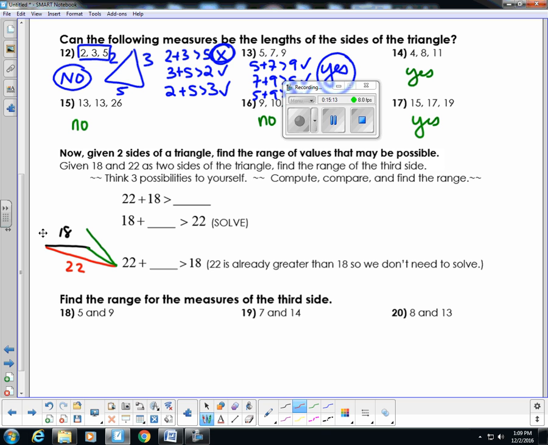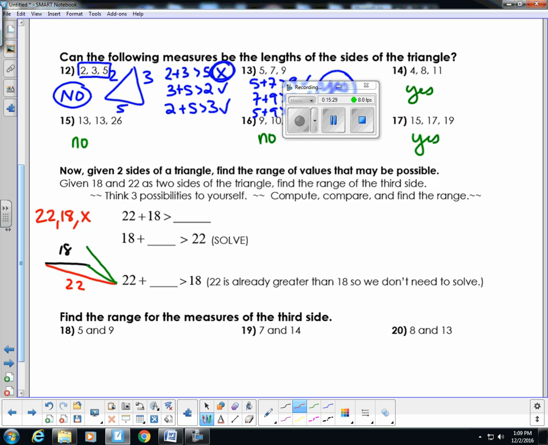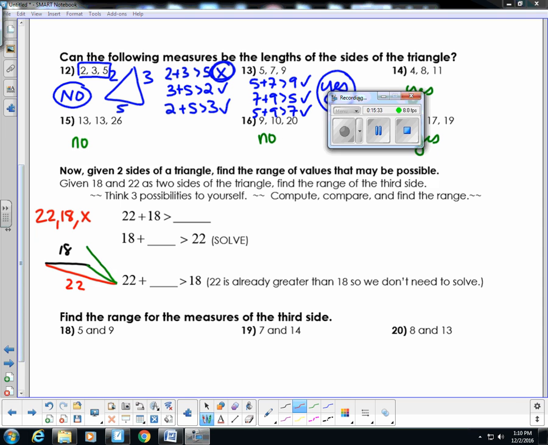Here's how you find that range. If we list the lengths of our sides, and here's what I always tell everyone to do: list the lengths, 22, 18, and then x. And x is what we're trying to find. You're going to go through the progression like we just did up here. If you take a look at 12, 13, 14, 15, 16, and 17, you'll notice I did everything in the same order.